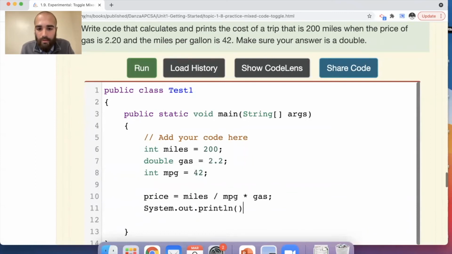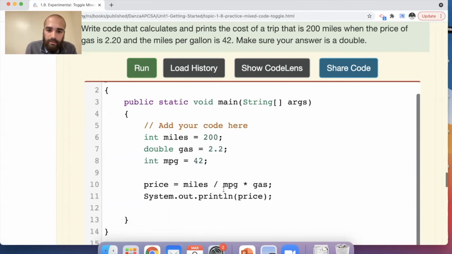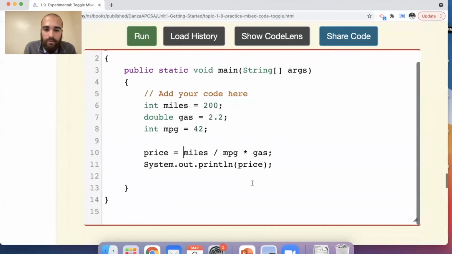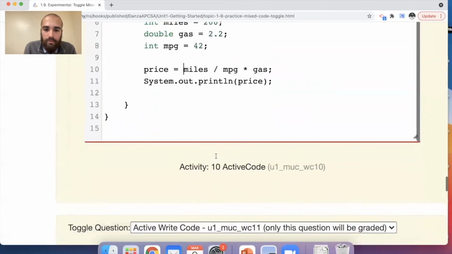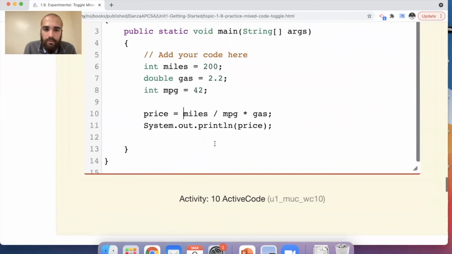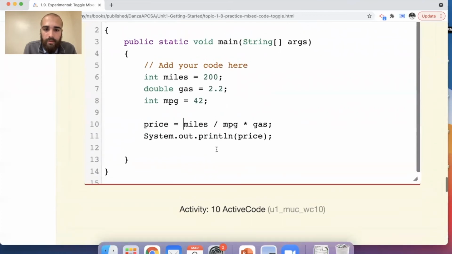System.out.println. I always like just testing it and seeing if it actually works. Price, because I'm taking an int, dividing it by an int and multiplying it by a double.